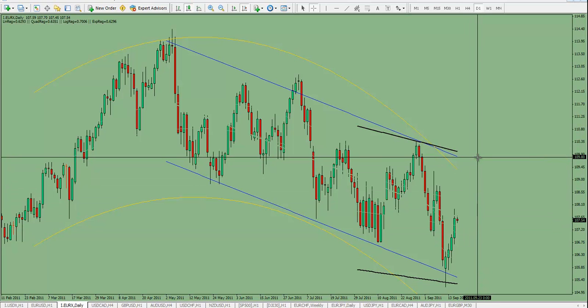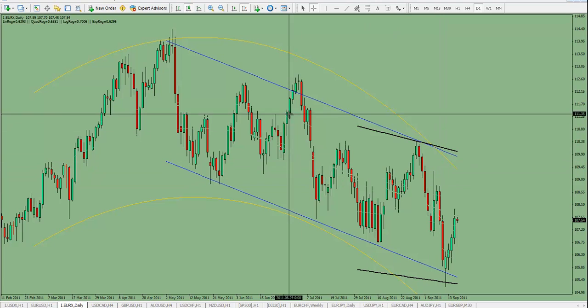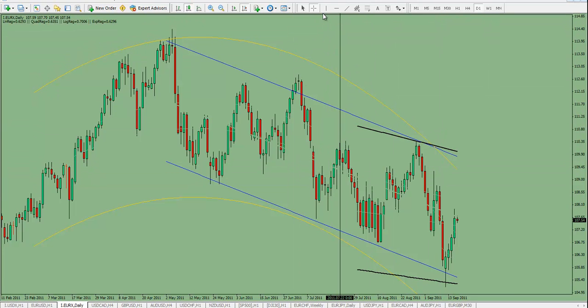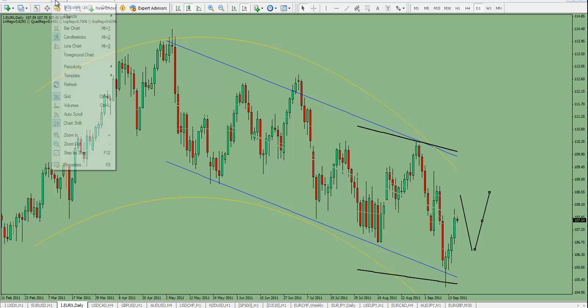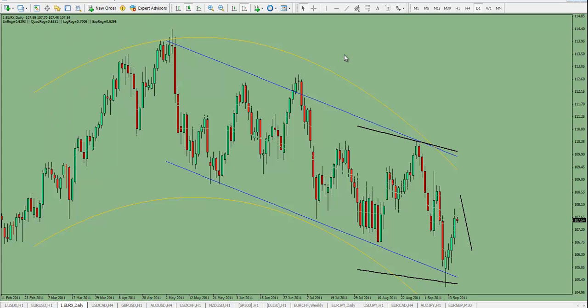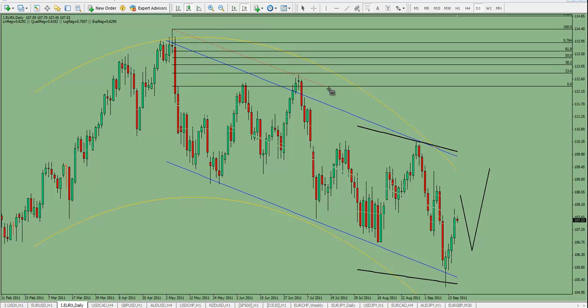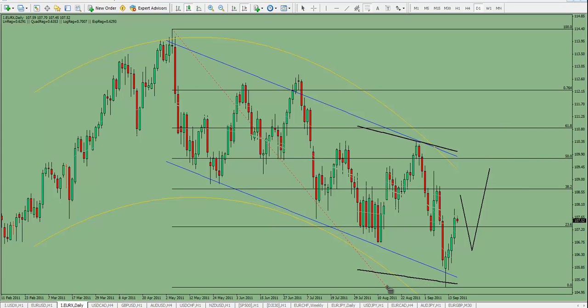So technically speaking, what we're gonna see is something like this in the euro index, very similar to what we're gonna see in the dollar index. Sorry, my bad, let me erase it here. Something that is gonna take this index to around this area, and then which fib do we need to trace? I believe we need to trace this fib, and then around this area, which is 109.90.